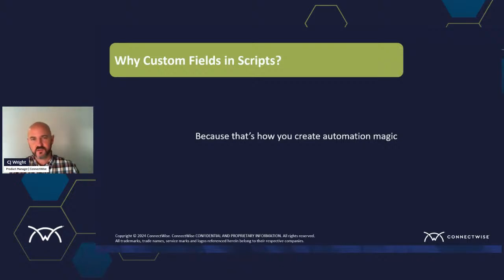I'm going to give you all those steps, but I want to provide a reminder that the reason that we're using custom fields in these scripts is because that's where you really get the power of automation. Running any PowerShell script or Bash script or batch script, those are all perfectly fine for being able to get an endpoint to execute commands and functions that you're looking to have performed on that endpoint for configuration management or just for gathering up additional data.